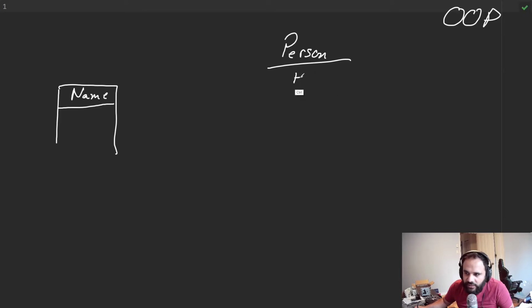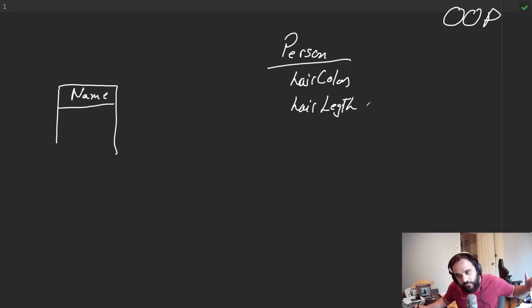So we're going to say hair color, right? We could have hair length. That's really true because some people have cut off their hair, some people let it go flowing, etc. We have eye color.